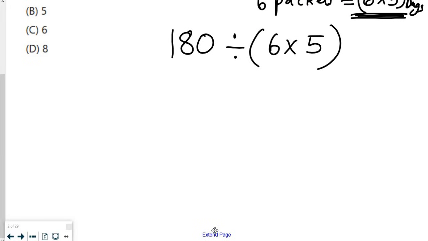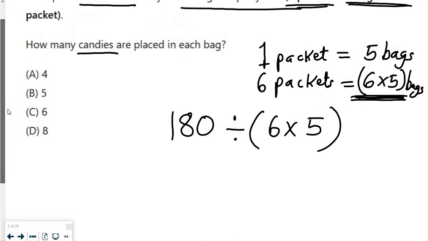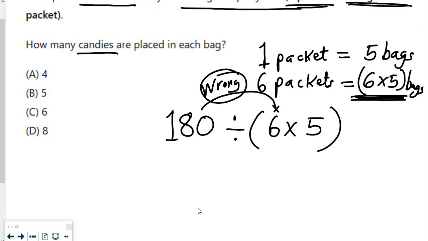Now, the concept which I want to share with you is that many students will make the following mistake. They will do 180 divided by 6. If you do that, that will be wrong. What you are supposed to do is do BODMAS first.